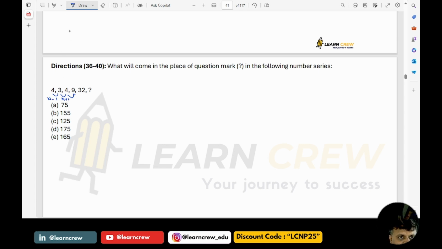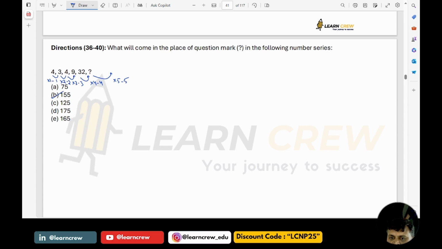So see here, one more logic: 3 into 2, 6 minus 2. 4 into 3, 12 minus 3. 9 into 4, 36 minus 4. So 32 into 5, 160 minus 5. So the answer is 155.